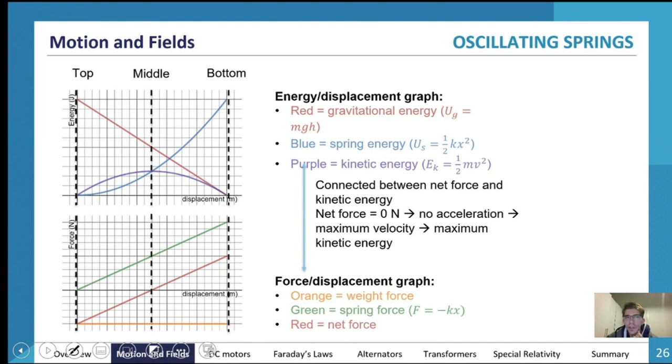Let's look at oscillating springs at the top, middle, and bottom of the motion. Let's look at the graph. According to the graph, at the top of the motion, there is maximum gravitational potential energy. And then the gravitational potential energy linearly declines down to 0.